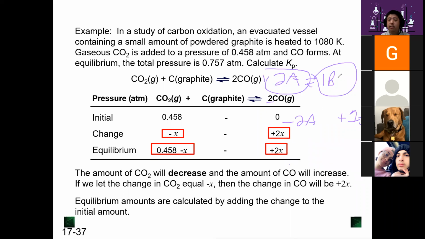Does that make sense? Okay. So with that said, I have used up 2 A's. I've made 1 B. That's kind of the same thing that we're talking about here. I use up 1 of these in terms of ratio. I make 2 of these as a response. Do you see that? So that's why we set it up this way, because we don't know how much it is changing by, but we know the ratio between the two. It's a 1-to-2 ratio.